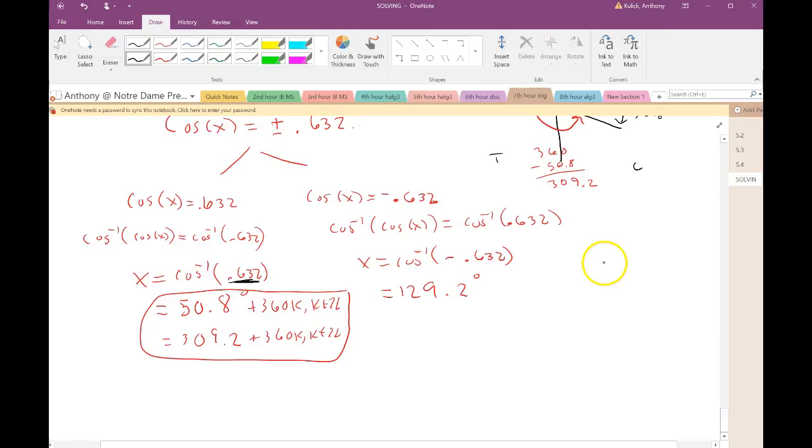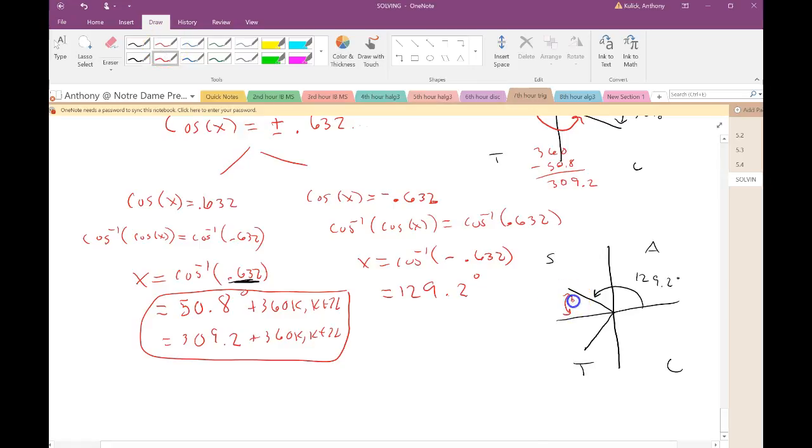Now I'm going to draw a separate picture for the other part. So here is 129 degrees. And I know cosine is also negative in the third quadrant.